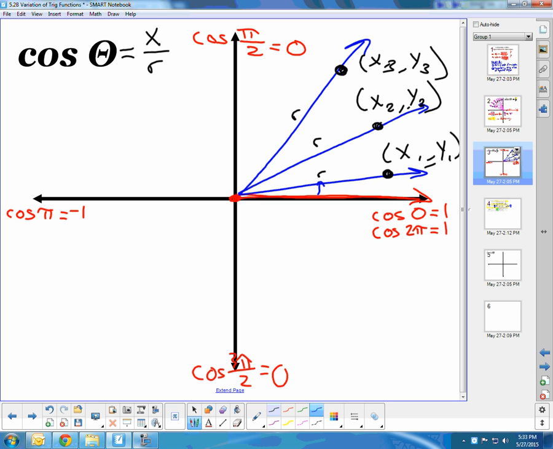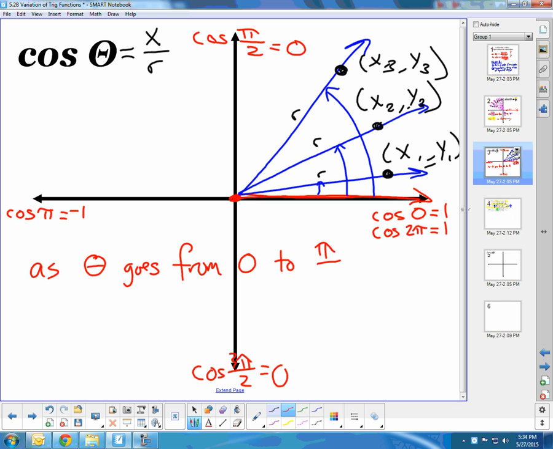My first angle is some value of theta. My second terminal ray is a larger value of theta. And the third angle is still a larger value of theta. What I would say here is as theta goes from 0 radians to pi over 2 radians, cosine of theta.